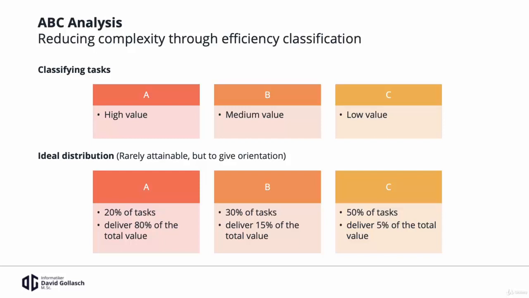So how do we get there? We take, for example, all the tasks that are identified in the first phase of our time management. So we identified all the tasks that are in our project or refer to the fulfillment of a specific goal. So for example, a project, and we take a look at all those tasks. If the effort, for example, the time consumption that you would say for each of these tasks is more or less the same, then you decide how many tasks should be those 20%.